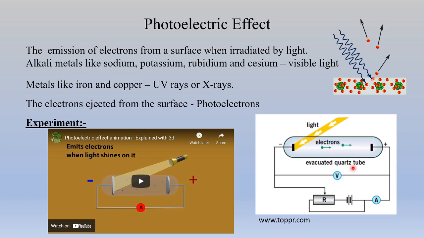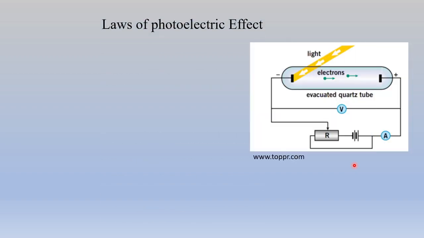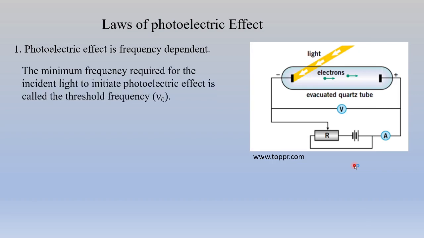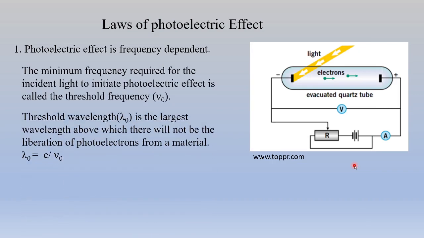Correspondingly, we can also have a threshold wavelength. The threshold wavelength can be defined as the maximum or the largest wavelength above which there will not be the liberation of photoelectrons from a metal. Because we know lambda is equal to c by nu.